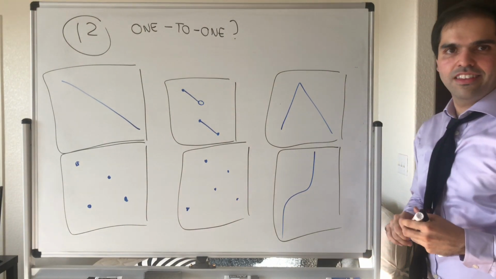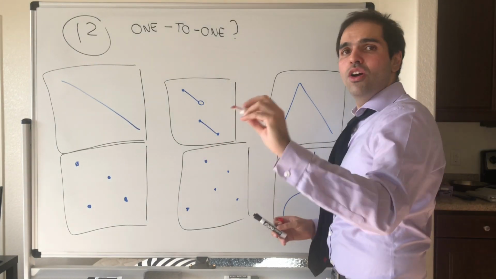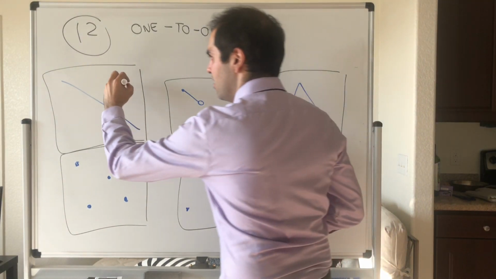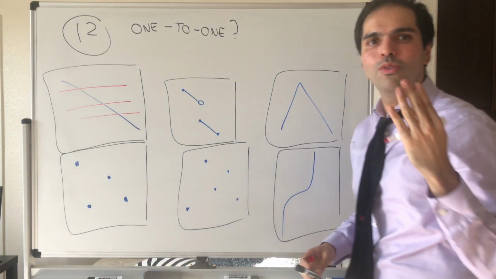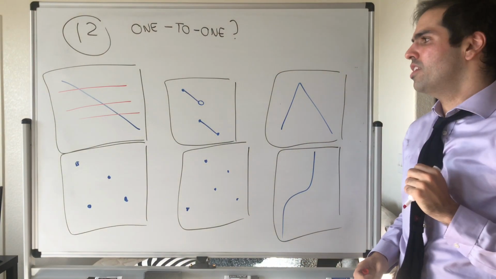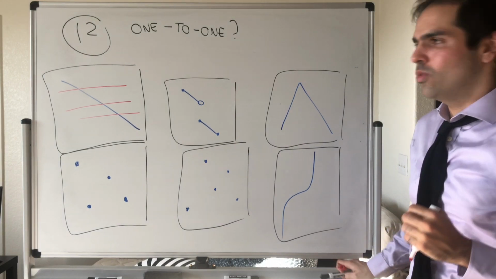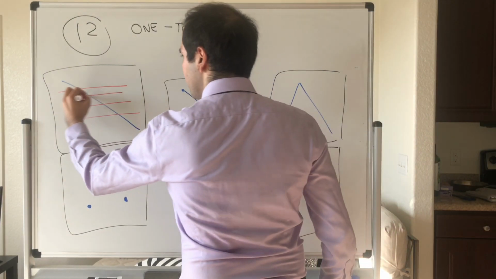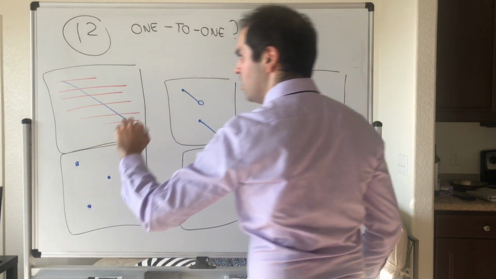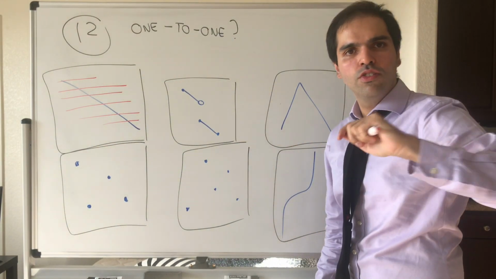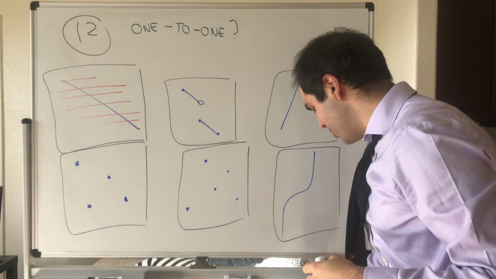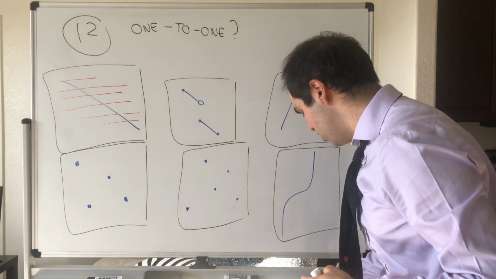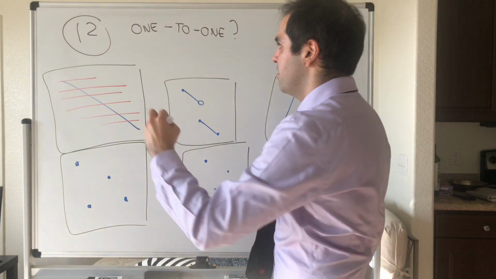More precisely, if every horizontal line hits the graph of the function at most once, so either 0 times or 1 time, then it's 1-to-1. So you see here, for the first function, no matter which horizontal line you draw, it hits the function exactly once, actually. So this one is 1-to-1. So this is yes.